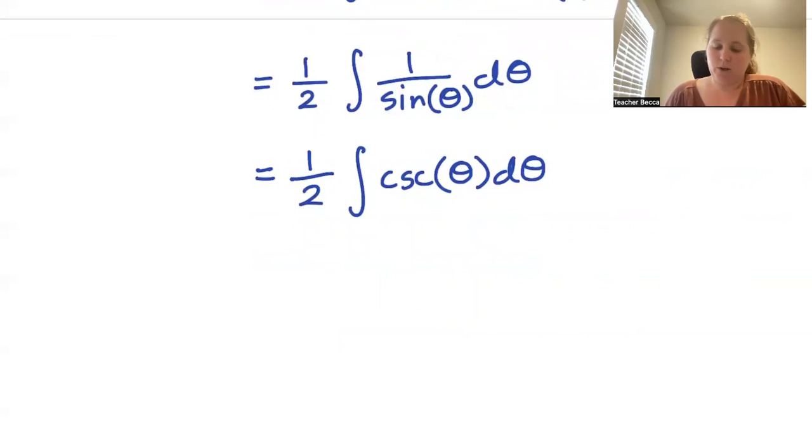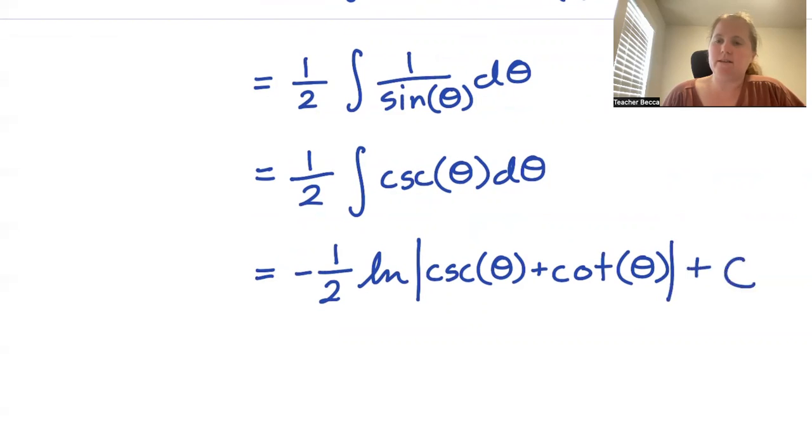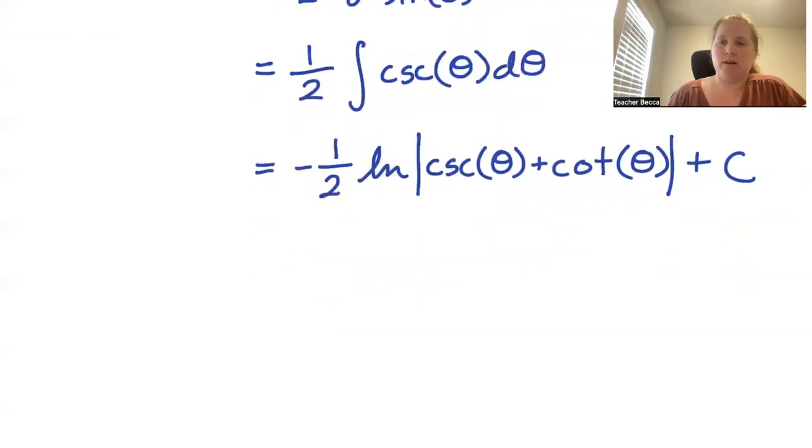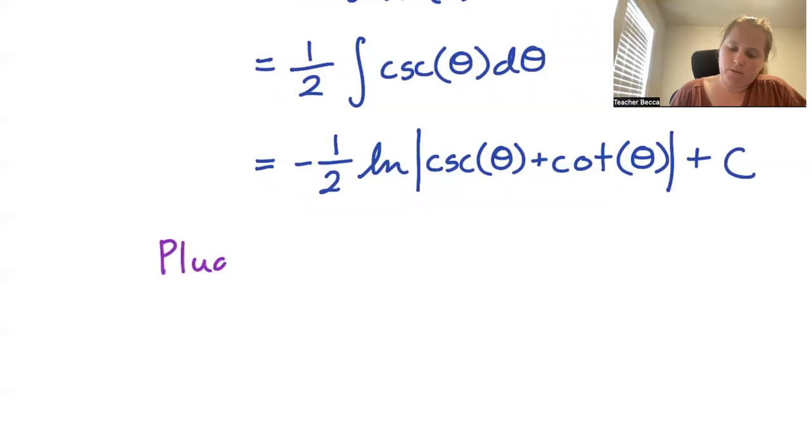Integral of cosecant, we know we are looking at 1/2 times negative, so negative 1/2 times the natural log of the absolute value of cosecant theta plus cotangent theta, and then plus c. At this point, we need to plug back in. So plugging back in, I'm going to just redraw the triangle.